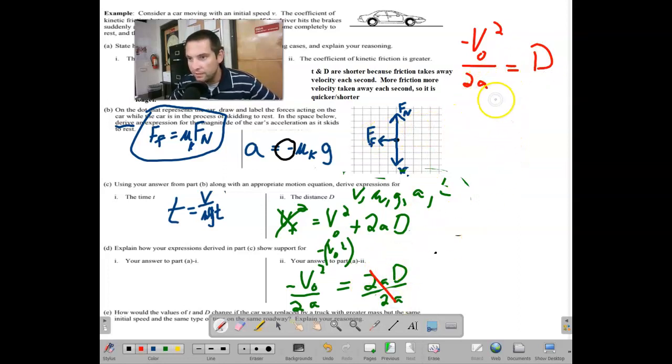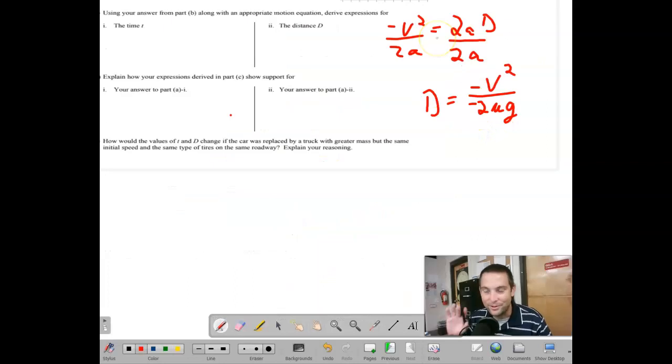Acceleration. We can't leave it as just acceleration. We know what acceleration is here. Sorry for the bad editing. So plugging in, all I did was substitute the acceleration that we had previously found to be acceleration equals negative mu g, and then I just plugged that in right there to get this equation.